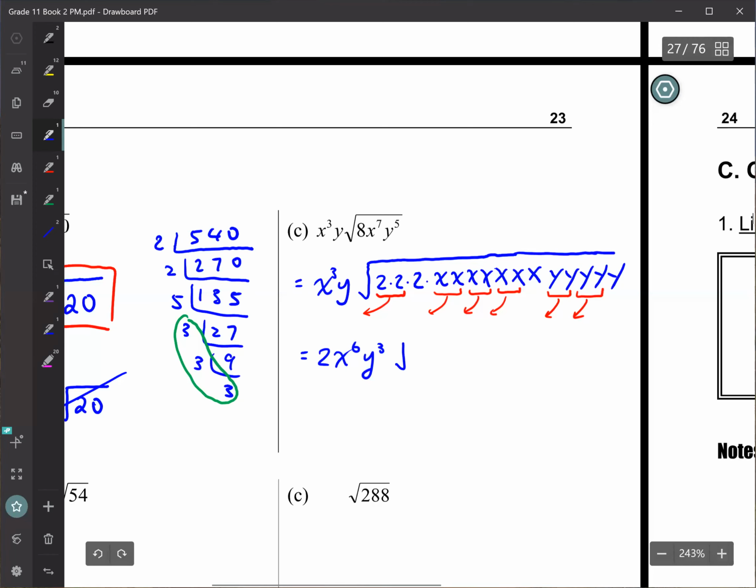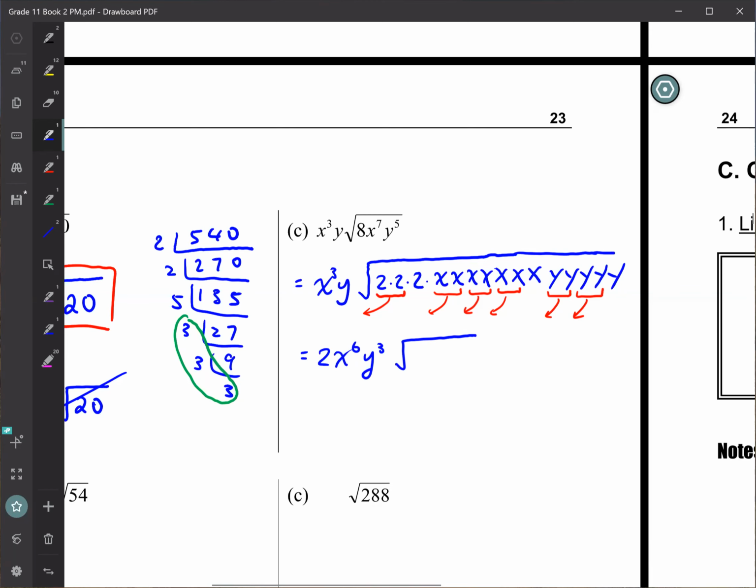Okay. And then we have the square root. Now what should be left inside? Colin. Colin, are you there? Colin?